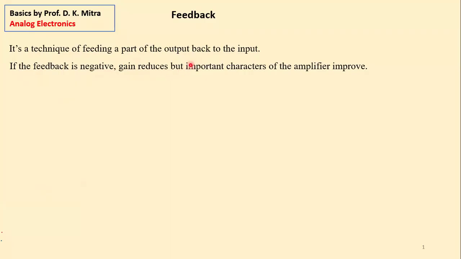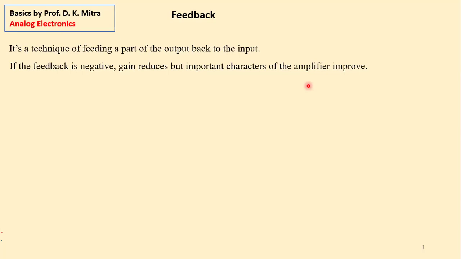But this is the most important part: all the important characteristics of the amplifier improve. Important characteristics mean its stability, its bandwidth, its input impedance, its output impedance, everything improves. Everything improves at the cost of reduced gain.